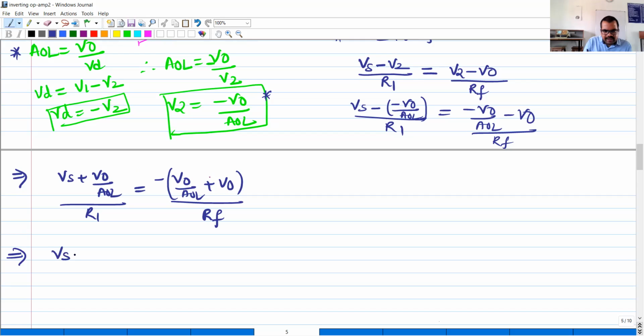So here we get Vs into RF plus V0 RF by AOL is equal to minus R1 V0 by AOL minus R1 V0, right?